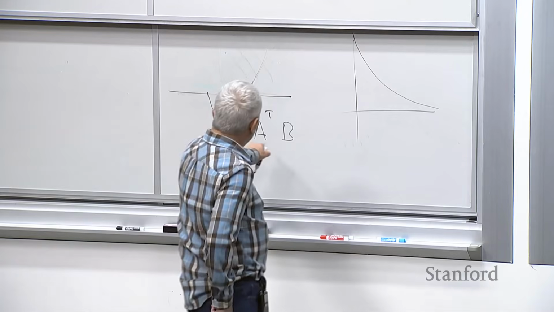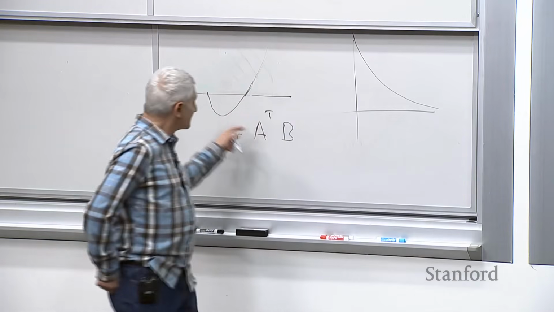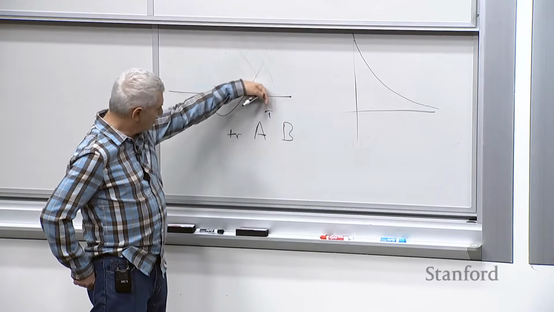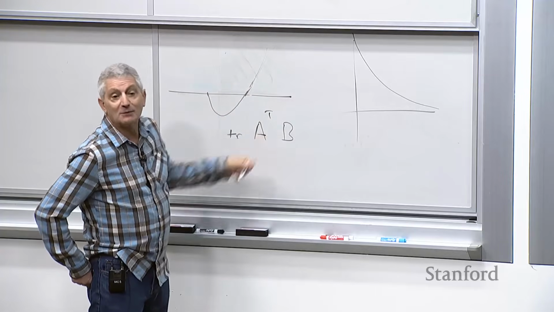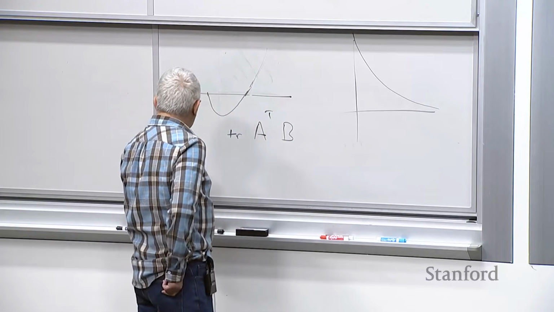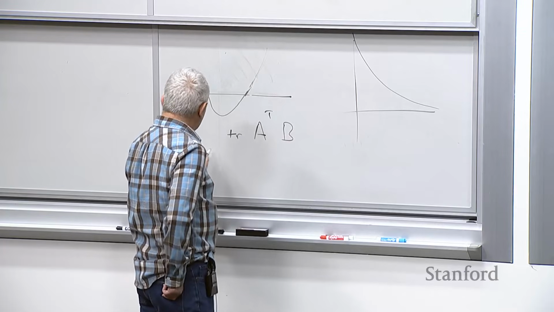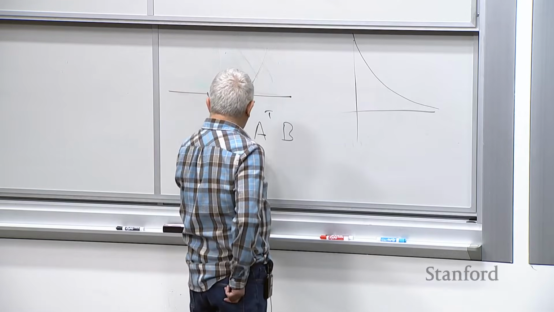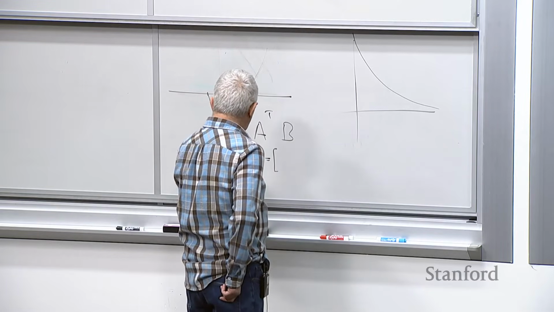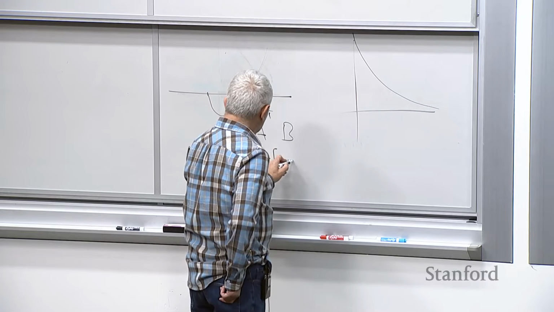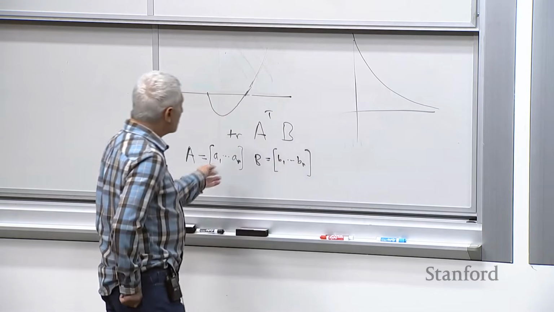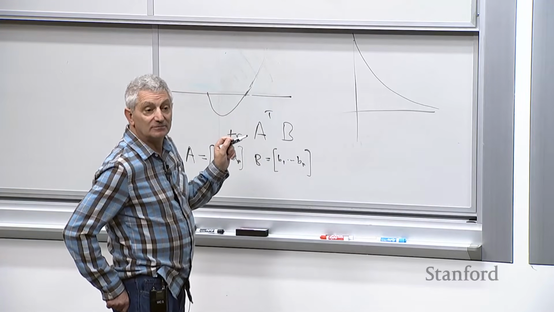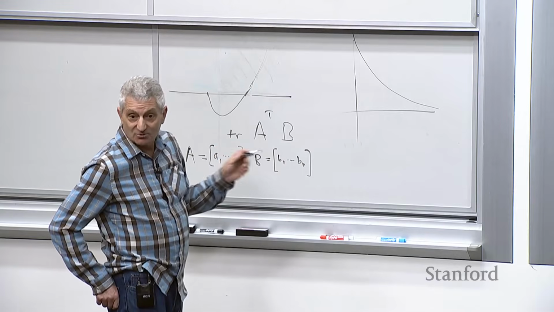Well, the 1, 1 entry of this matrix is going to be the row of A transpose inner producted with the first column of B. I'll just make these both n by n to make this simple, right? So it looks like that. So the 1, 1 entry of this matrix is actually A1 transpose B1. Okay?